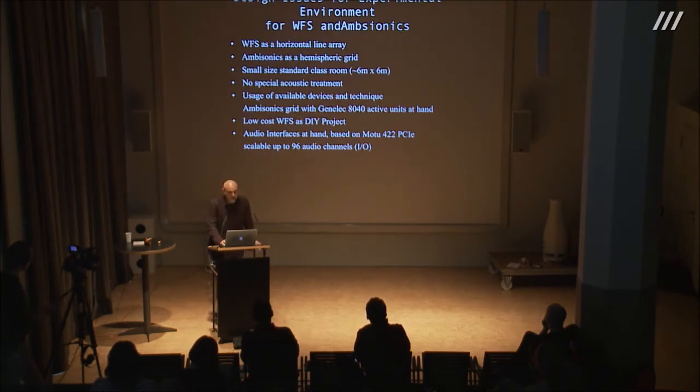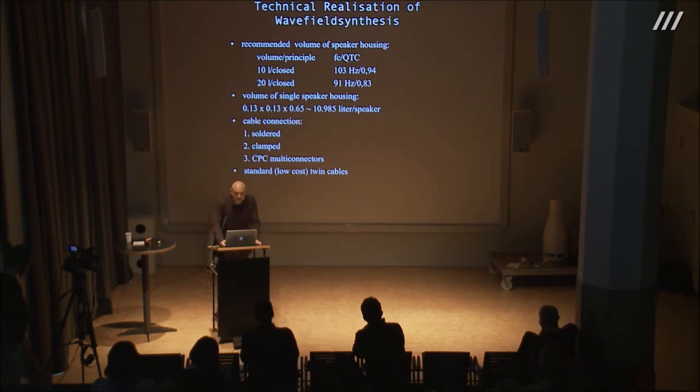So we thought to make a horizontal line as we had, and then something like an ambisonics grid as a hemispheric space. We have a standard classroom, 6 by 6 meters, no special acoustic treatment, also important, because that's a natural question. Okay, how you treat the space later, we have a look on it. We use available things, the 8040 active units, and the low-cost DIY system.